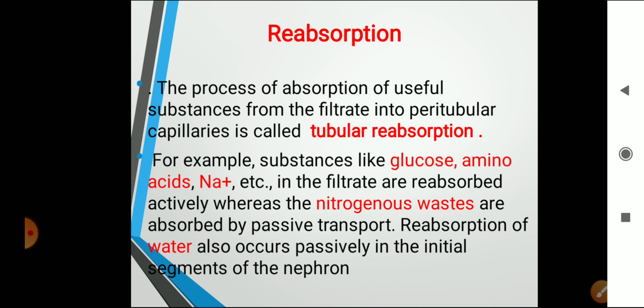That is known as active transport or active reabsorption. So the useful substances will be reabsorbed actively, whereas nitrogenous substances will be absorbed passively. Reabsorption of water also occurs passively in the initial segments of the nephron. Hope you understood what is tubular reabsorption.